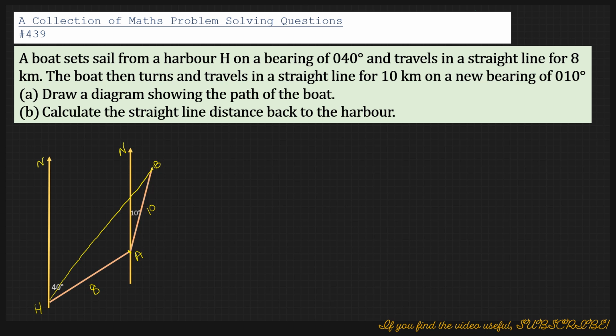So the angle, now you see the north lines are parallel, so if I were to name it X, angle HAX would also be 40 degrees because they are alternate angles. And then if this was C, this point, angle HAC would equal 180 degrees minus 40 degrees, that is 140 degrees.